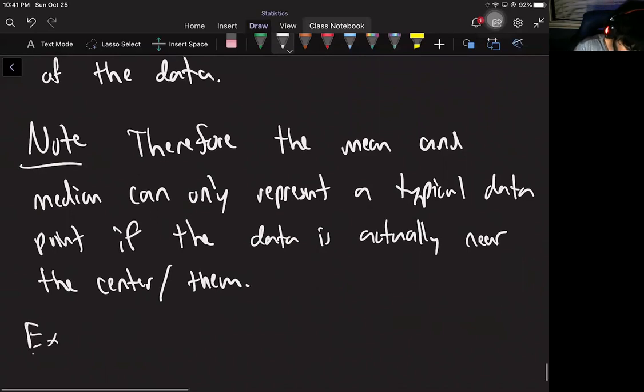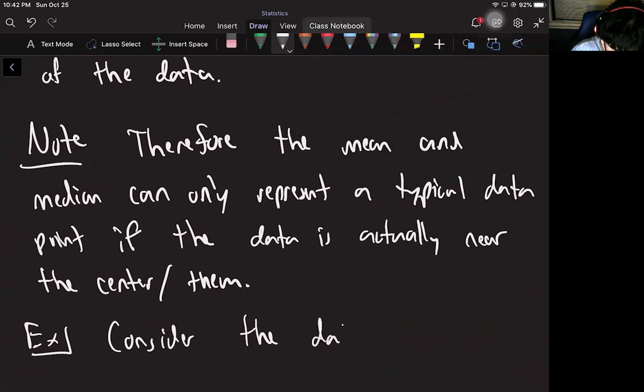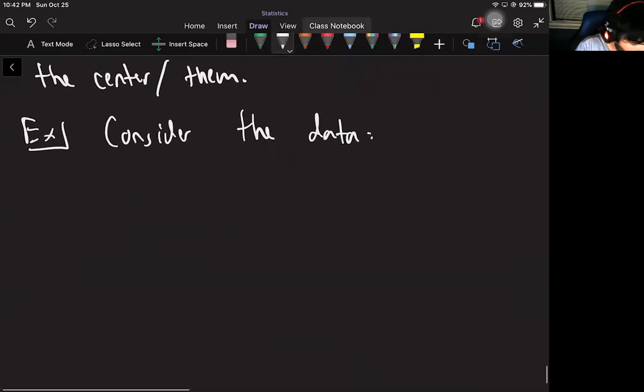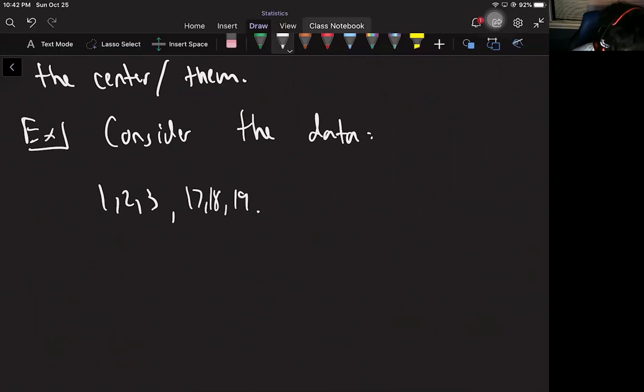We sort of saw this earlier, but one more final example that's more extreme is data like this. If I have 1, 2, 3, 17, 18, and 19, then the mean and the median really don't tell you anything.